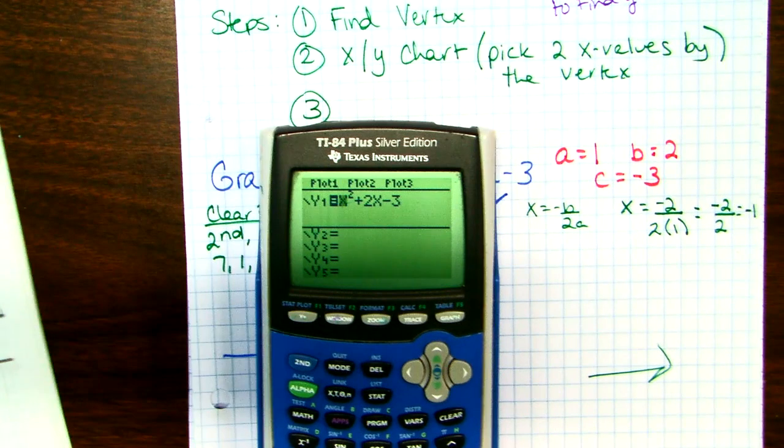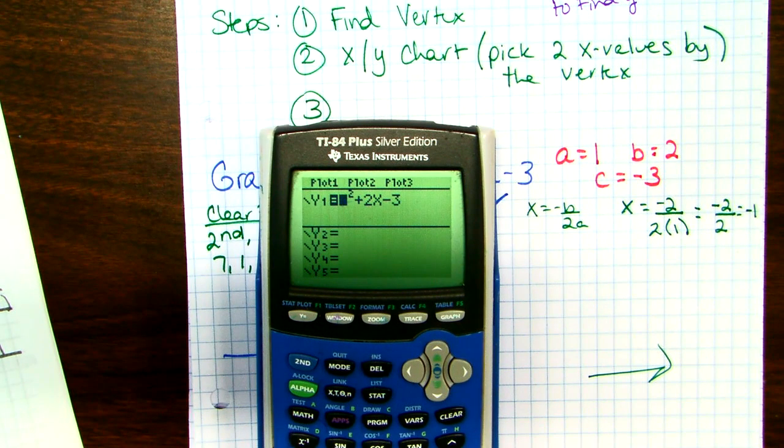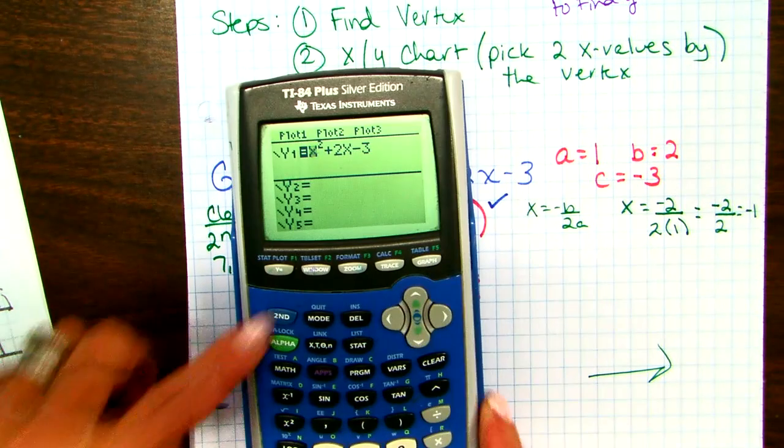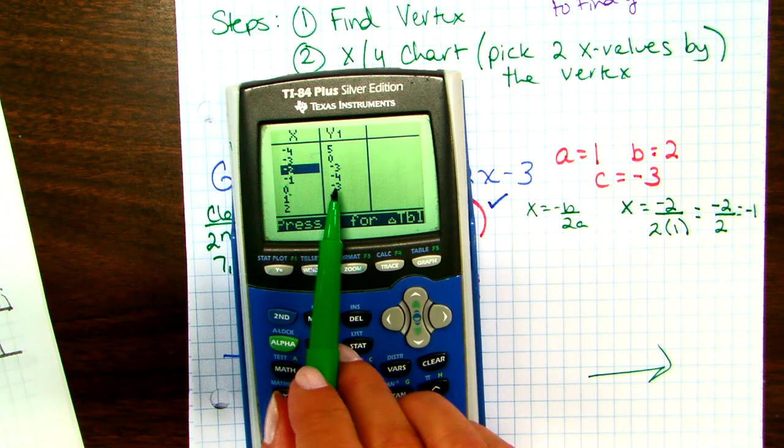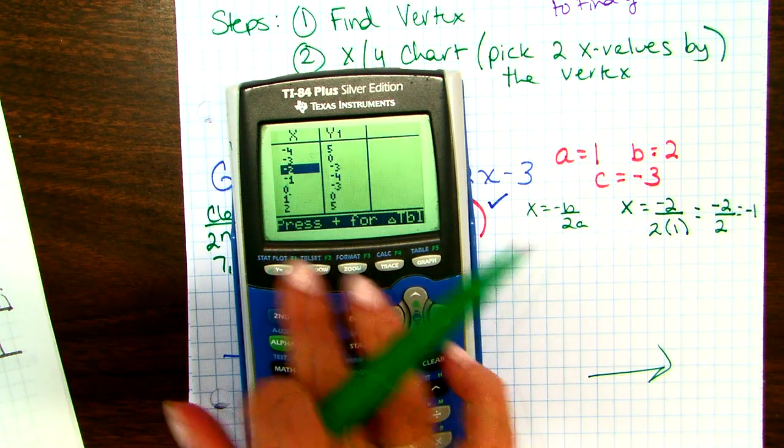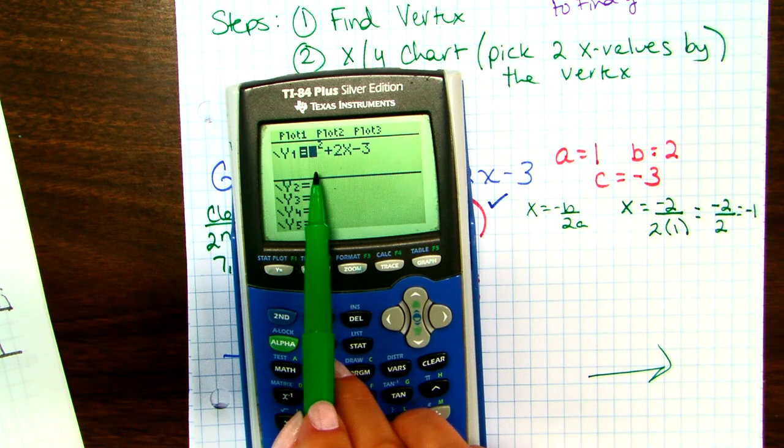You mean this? Did you type that in? And then I went to the table. So when I went to the table, at -1, my y value was -4. Okay, well make sure you typed in the same exact thing. Did you type this in?